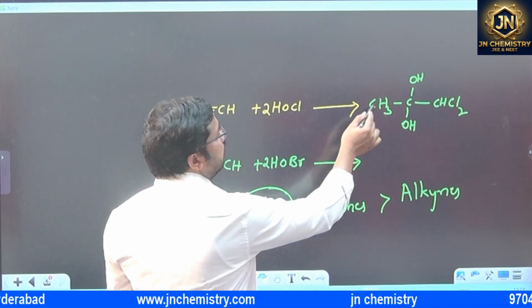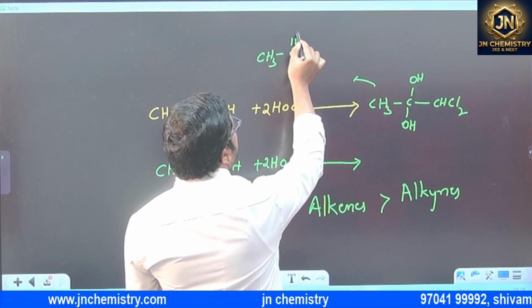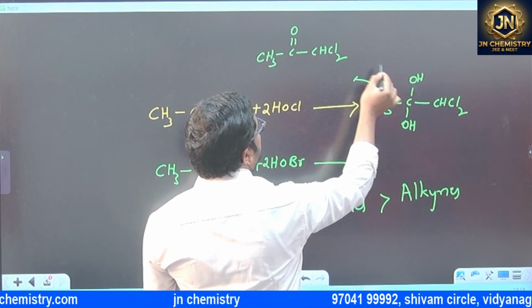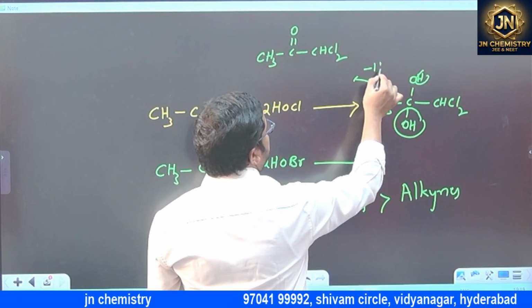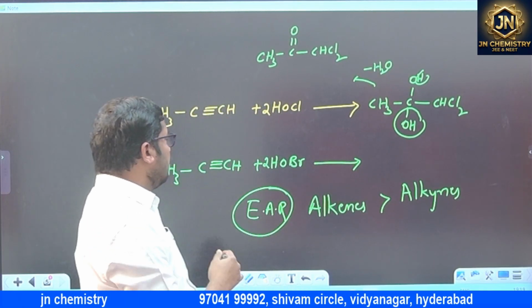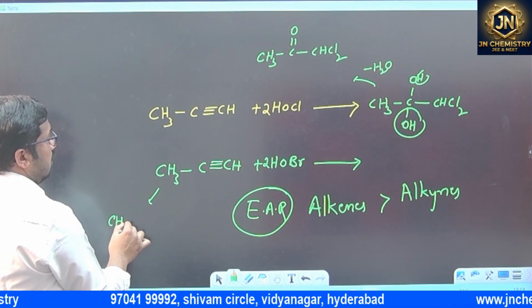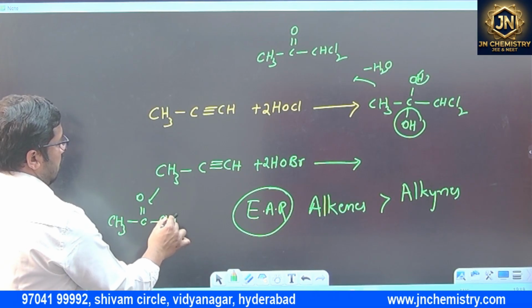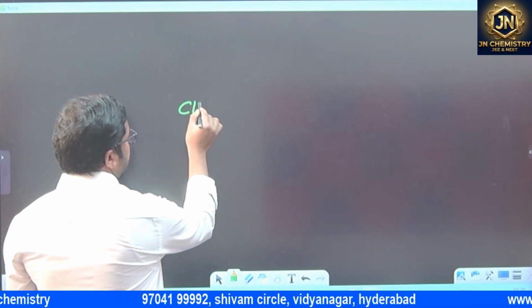It loses the water molecule. CH3, C=O, CHCl2. This H plus this OH go away as water. Here also it is the same: CH3, C=O, CHBr2. So these reactions I already explained.